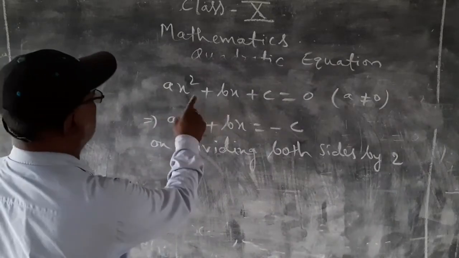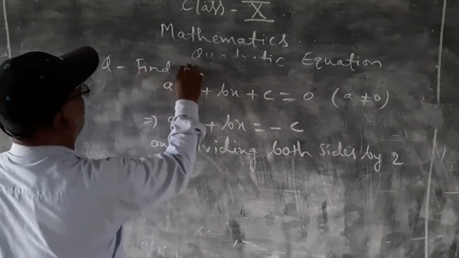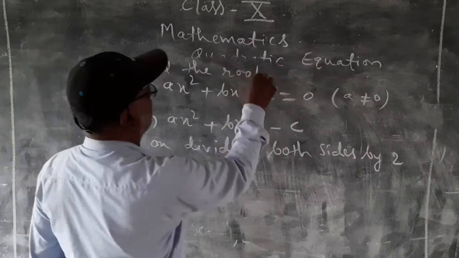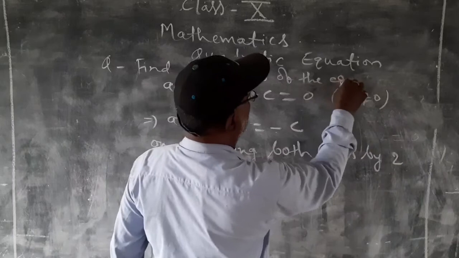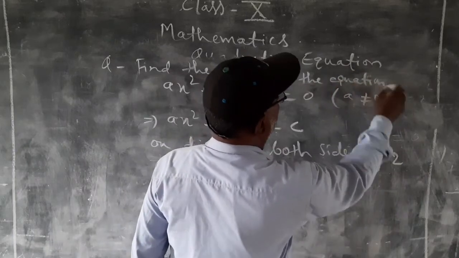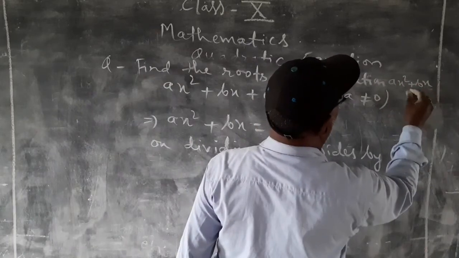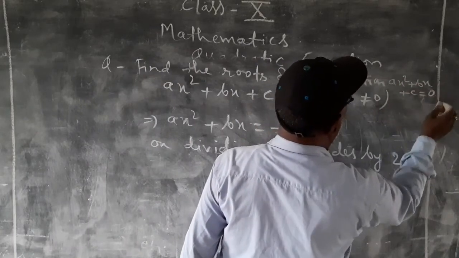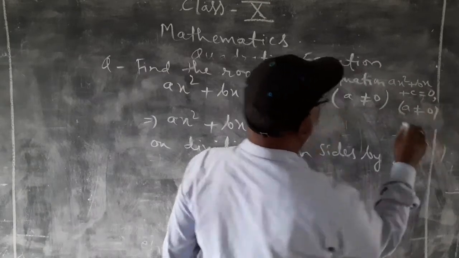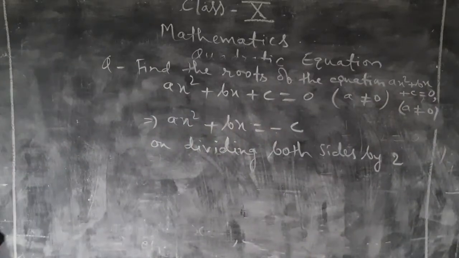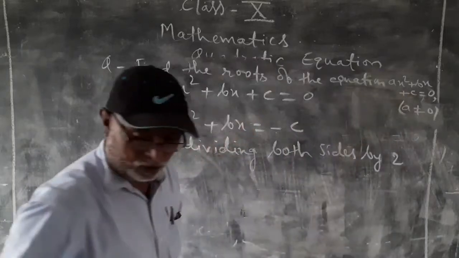The question is, find the roots of the equation ax square plus bx plus c equal to 0, where a is not equal to 0. That is, we are going to find out the roots of the general equation.